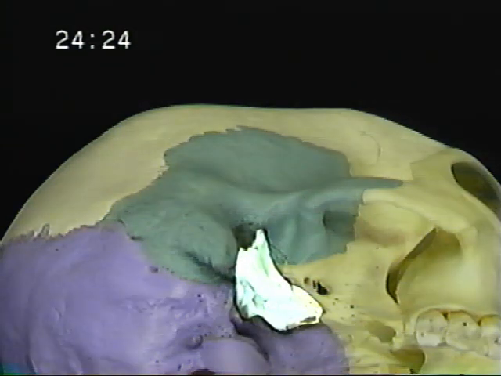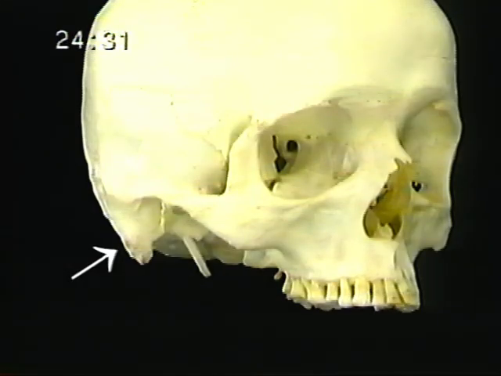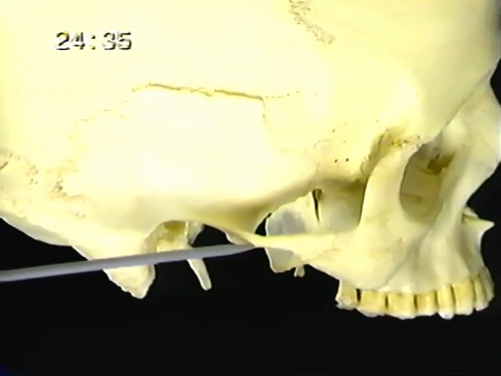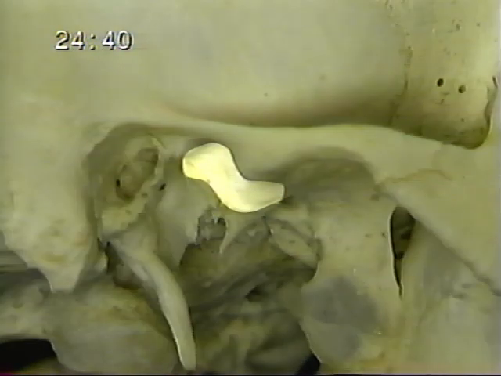On the temporal bone, here's the petrous part and the squamous part. Here are the mastoid process, the zygomatic arch, and the surface for the temporomandibular joint.